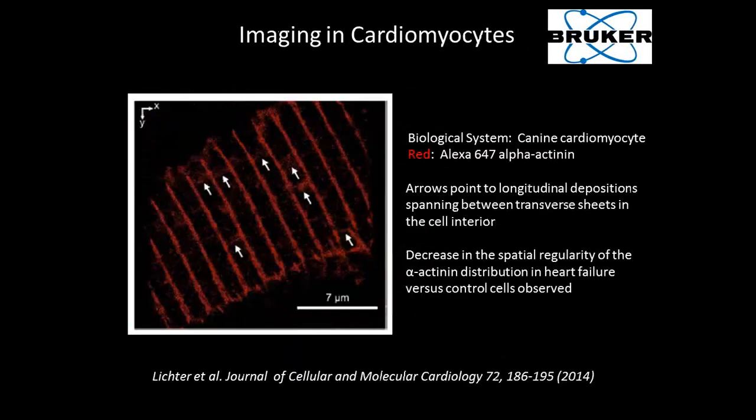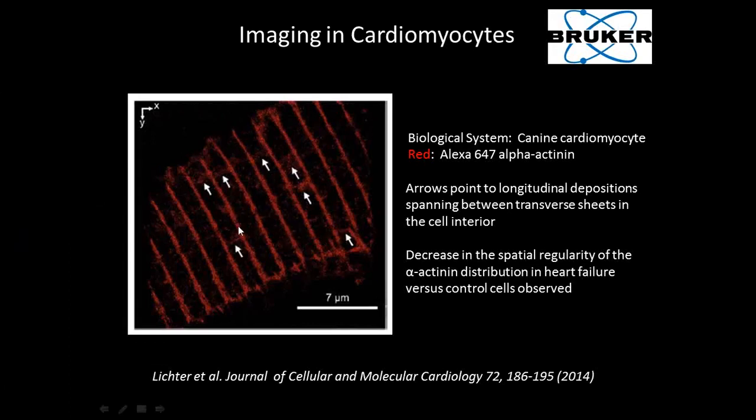Closer to home here at the University of Utah, one of the groups was looking at imaging in cardiomyocytes. These are canine cardiomyocytes, and they are looking at the sarcomeres. What they wanted to see was the difference between a control cell versus a heart failure model, both synchronous and asynchronous heart failure model. This is a cell that came from a canine which actually had heart failure.